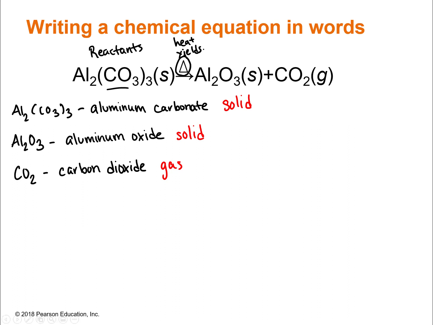So we need to mention that heat, and then the products. There's only one reactant here, and that's the aluminum carbonate. And what it does with heat is it decomposes into multiple products. We're going to talk about decomposition reactions in just a few minutes here, but just stick with me. This is how you write it out.